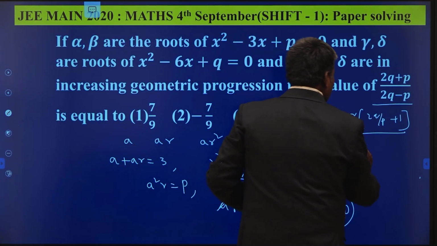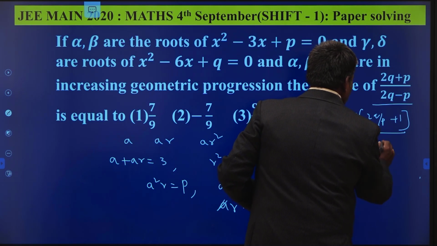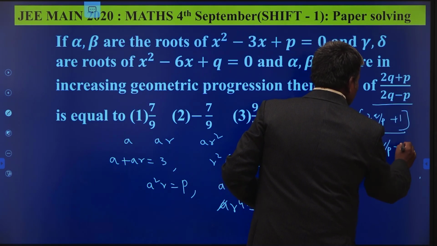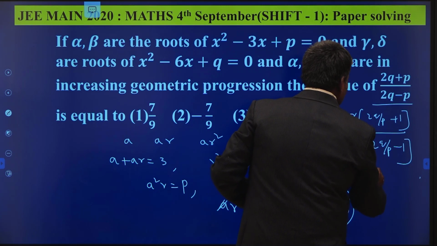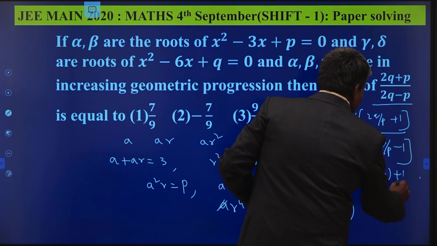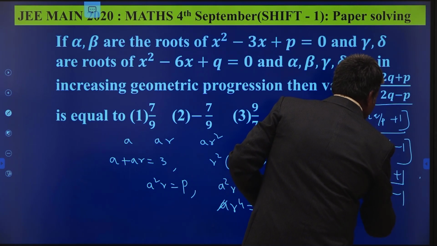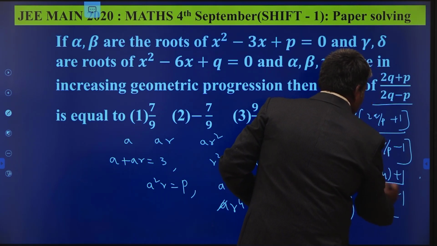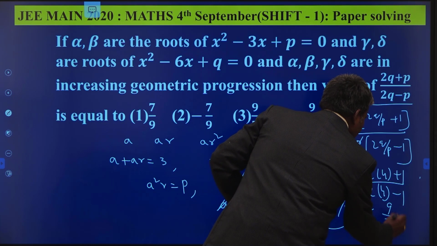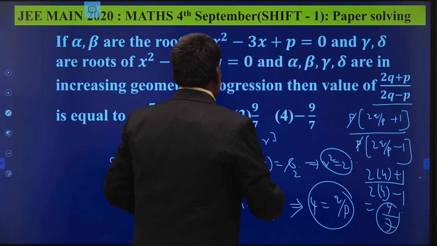Here in common 2 times of q by p minus 1. p gets cancelled. 2 times of (4 plus 1) whole divided by 2 times of (4 minus 1). 8 plus 1, 9, by 8 minus 1, 7. So your answer is 9 by 7.